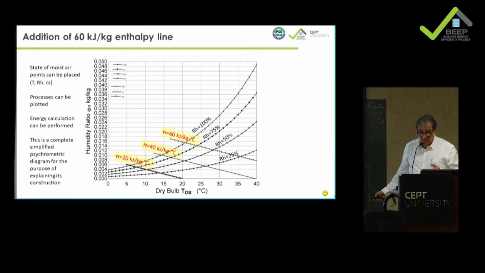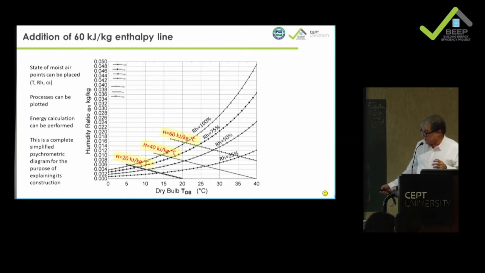I have not added more than that, but you can see that now we can not only place the points, we can also start to describe processes. That means we can go from this point to this point and make a relation, knowing that these curves tell us the energy level of each of these points.